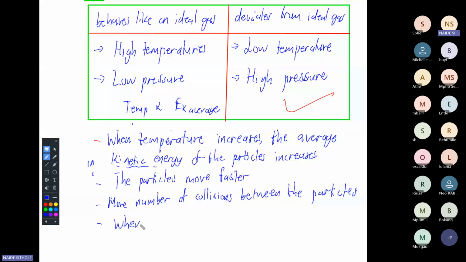When the number of collisions increases, the pressure also increases.